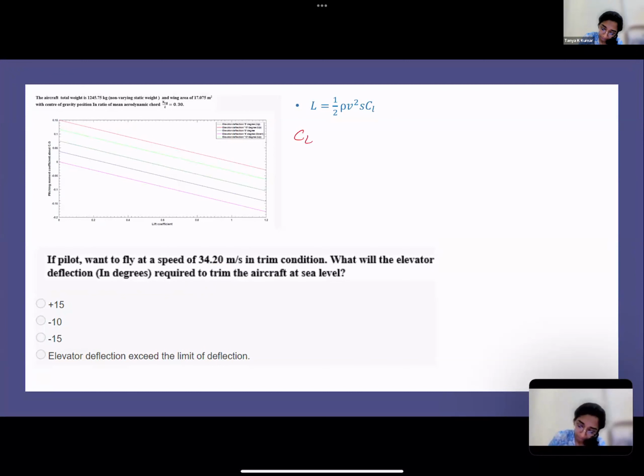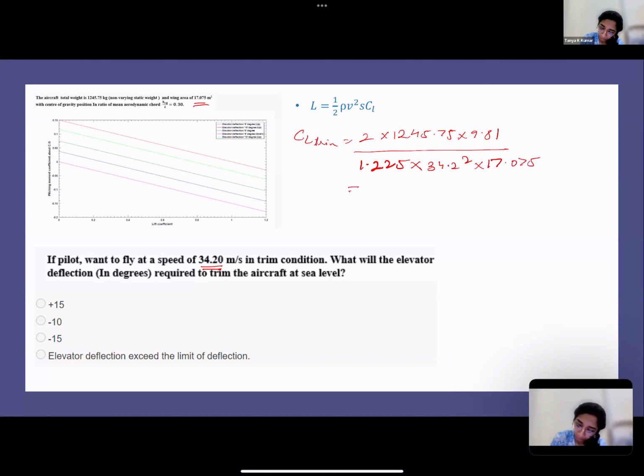I'll take CL trim equals 2 into 1245.75 into 9.81. So it's just 2 times weight divided by rho V square S. Rho is at sea level, so it's 1.225. Velocity for trim is 34.2. It's different from the previous case. So it's 34.2 squared. And S is given in the question as 17.075.